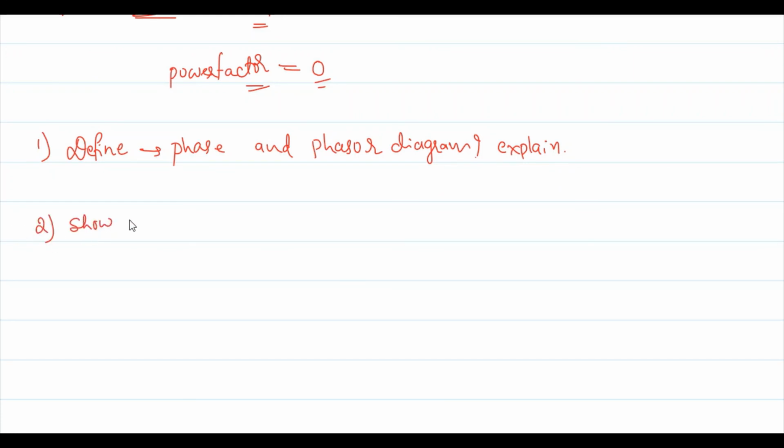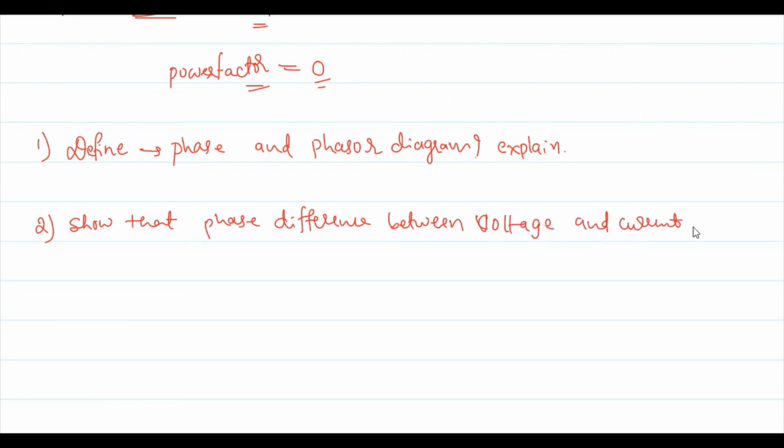Then the second question is: show that the phase difference between voltage and current in a purely inductive circuit is pi by 2.